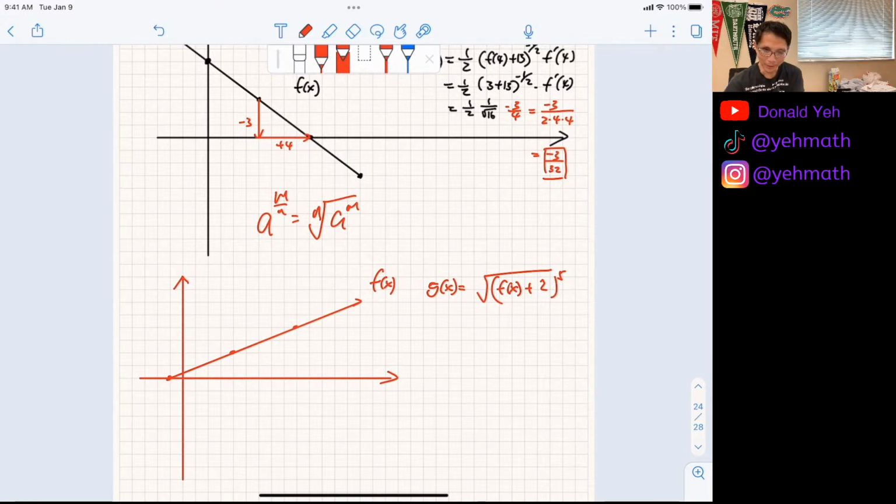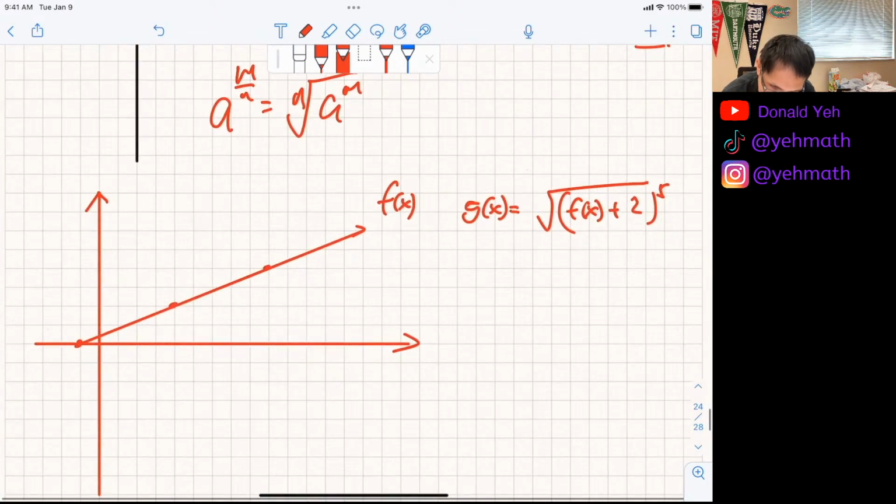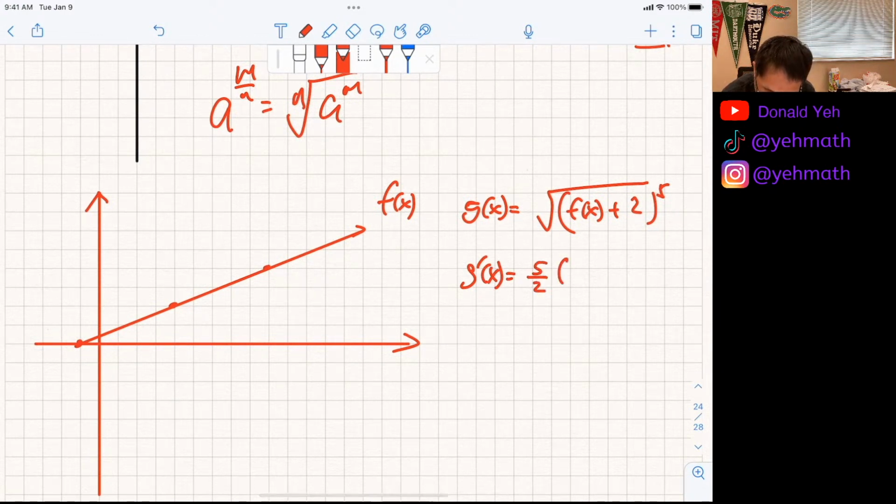That's a good age. Okay, let me take a derivative of this. So g prime of x equals, well, this one's gonna be 5 over 2 times f of x plus 2 to the 3 over 2 times f prime of x.